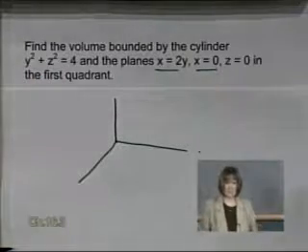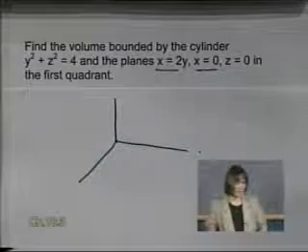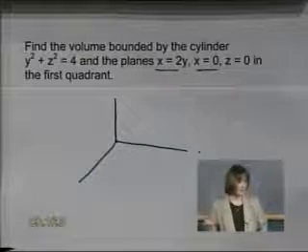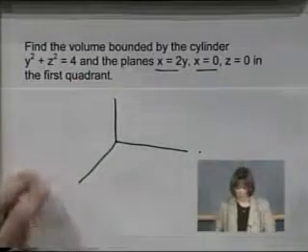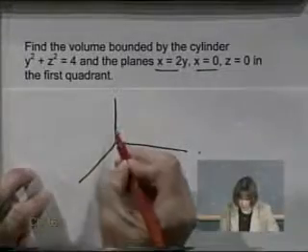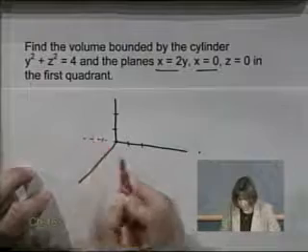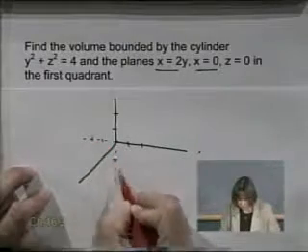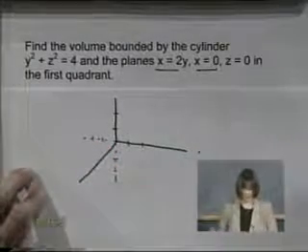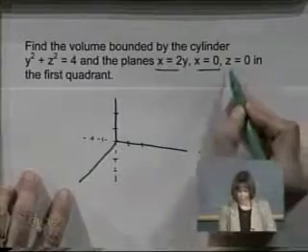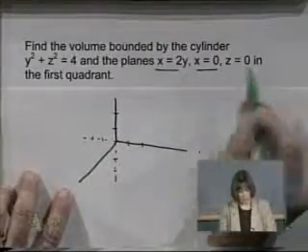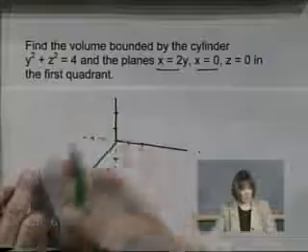Y squared plus z squared equals 4 in the y-z plane looks like a circle of radius 2, right? Because r squared's 4. So my radius is go up 2, go out 2, go back 2, go down 2. Now, they have z equals 0, which is the xy plane, as one of the borders.